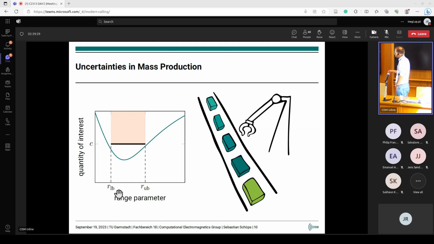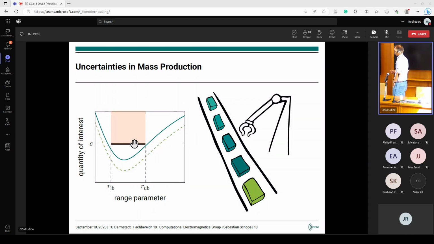So the kind of range parameters, for a machine, it could be the working point, right? Are you going uphill or downhill? You still want the energy to be below something. And the quantity of interest could be, as I said before, the energy. And now the idea is you want to optimize machines, so you cannot change that bound.